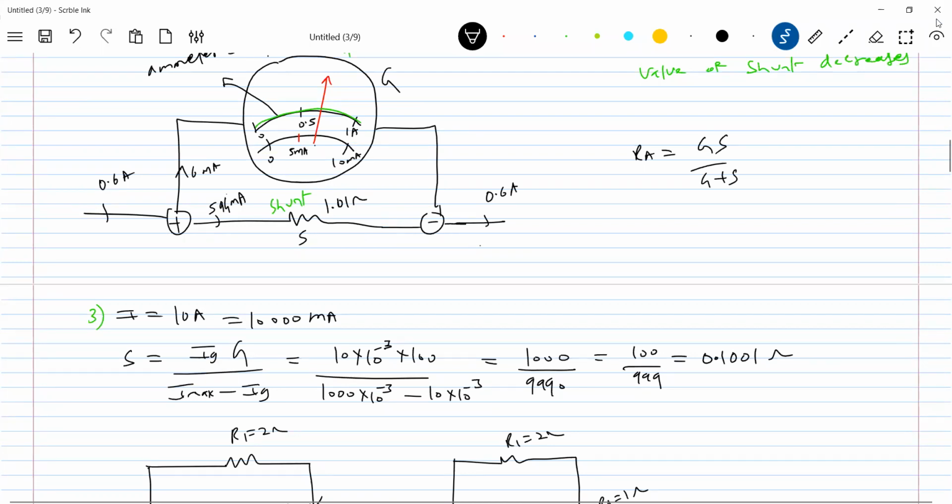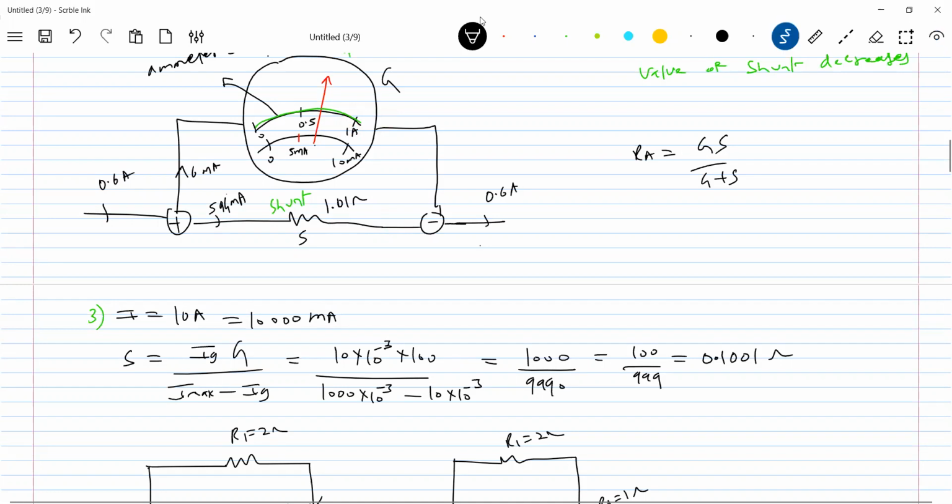If S equals 0 ohm, then no current will flow through the galvanometer. Is it practically possible to construct an ammeter with zero internal resistance? If S equals 0, then whatever current comes will pass through the shunt only, because it becomes a zero resistance path. No current will flow through the galvanometer, so no deflection.